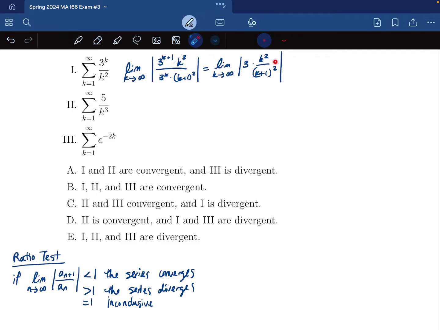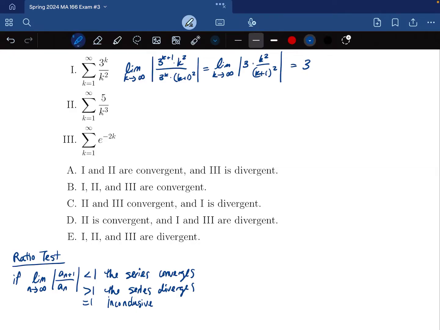In that case, we have k squared on the top and also k squared on the bottom, because if we expand this out, we get k squared plus 2k plus 1. So the limit of k squared over k squared would be 1. So this evaluates to 3. And if you want a more rigorous way to show that the limit of this fraction is 1, you could also use L'Hopital's rule.